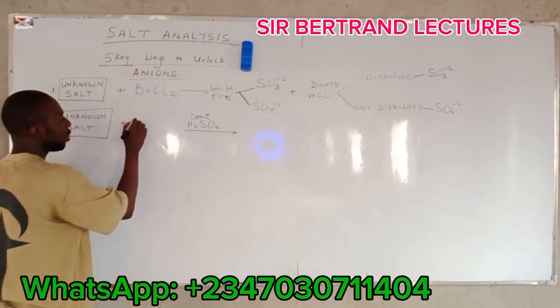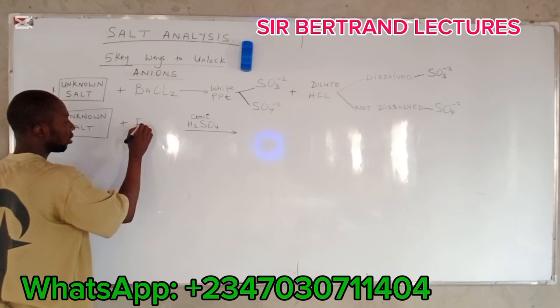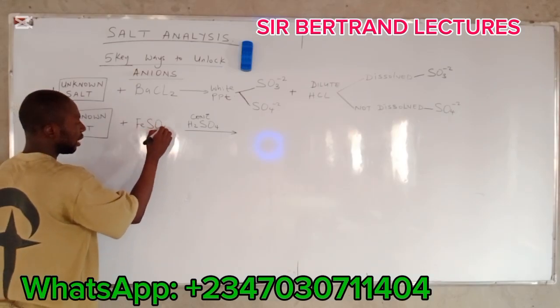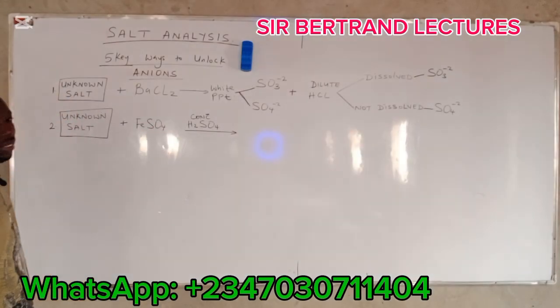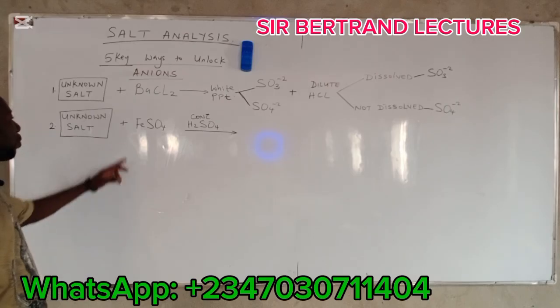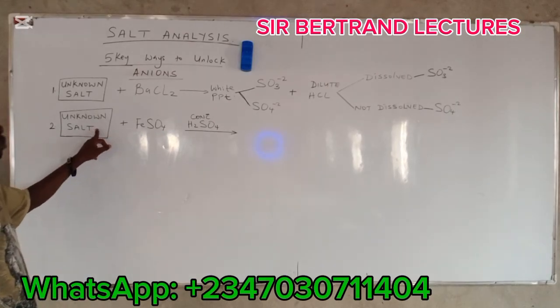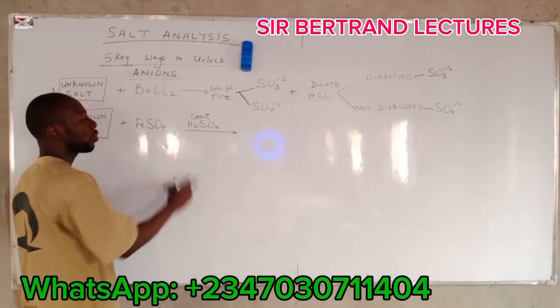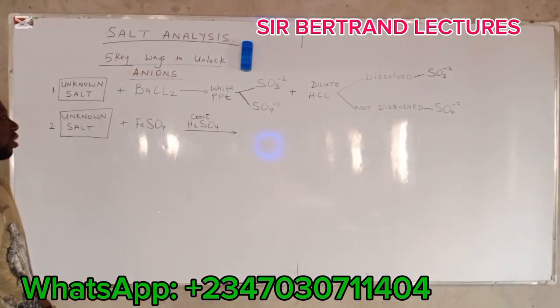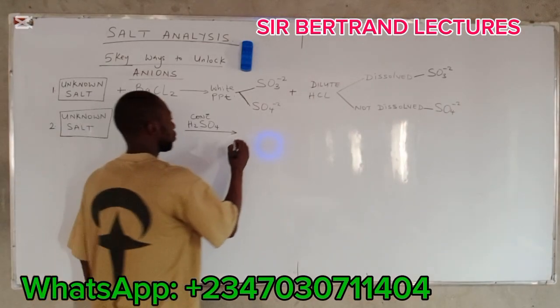Then you add iron(II) tetraoxosulfate(VI) to the unknown source sample in the presence of concentrated tetraoxosulfate(VI) acid. All right.